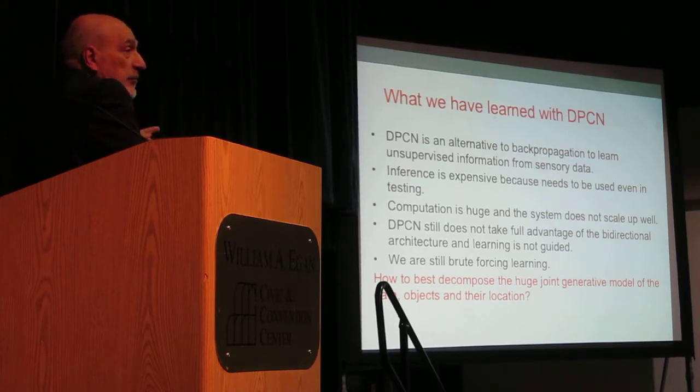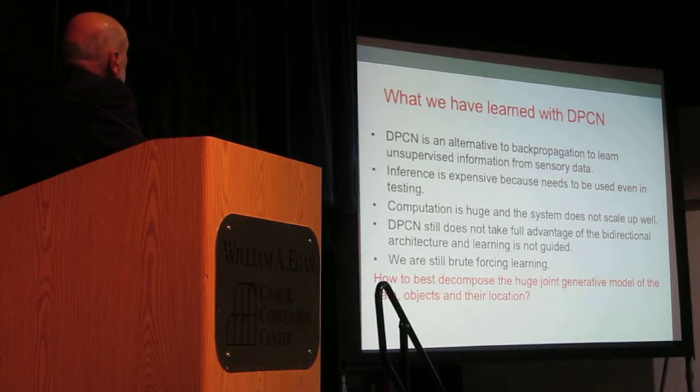Inference is expensive. This model is always doing inference, even during testing. So even with the parameters fixed, X and U have to be computed at every step, through an optimization. So this is really the reason why this system generalizes pretty well, but this computation is very, very expensive.